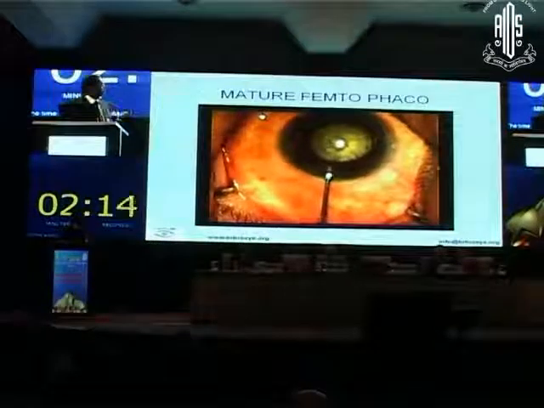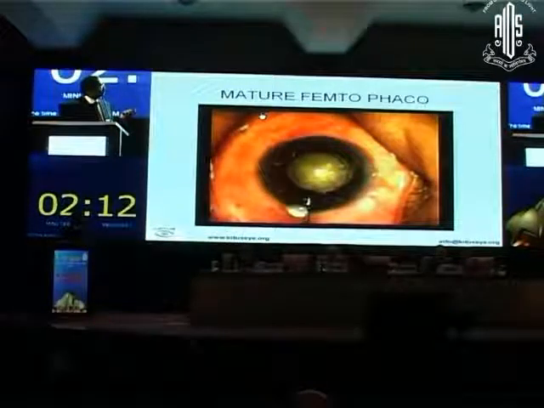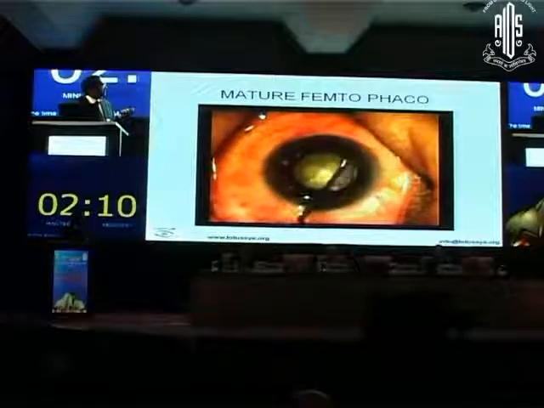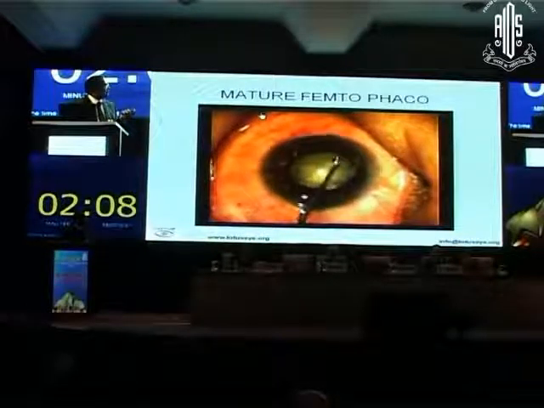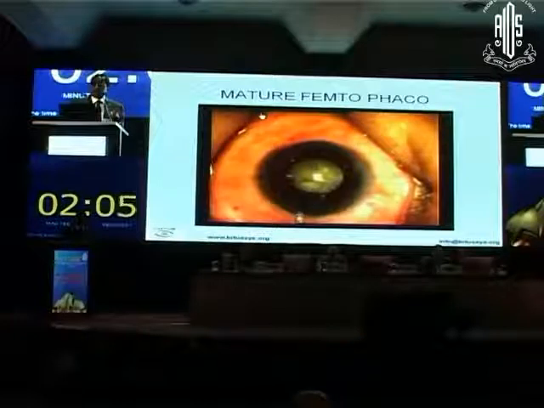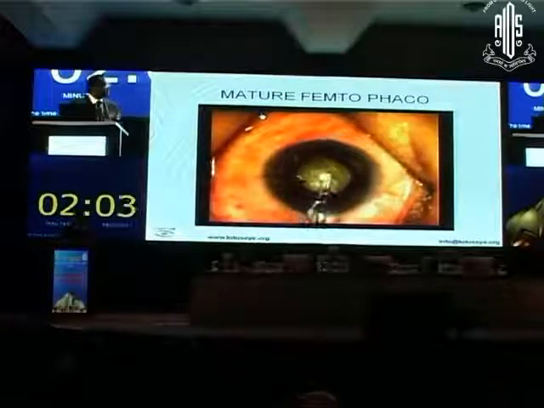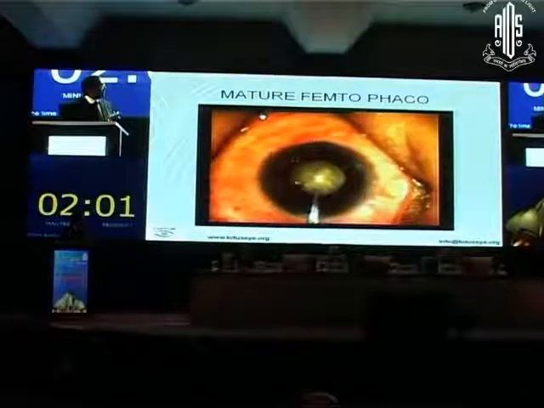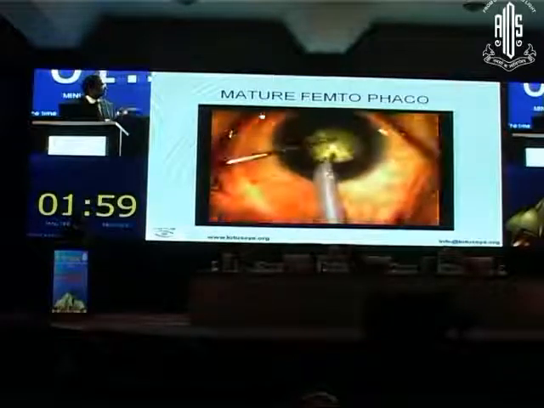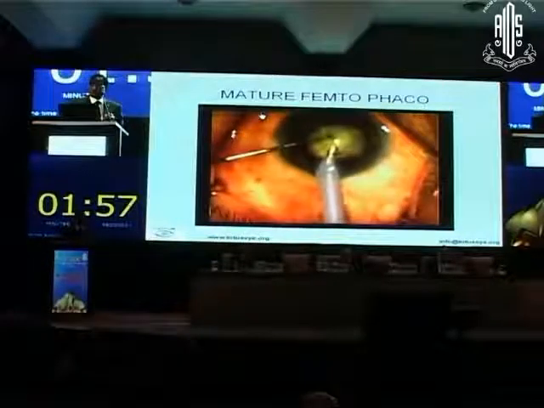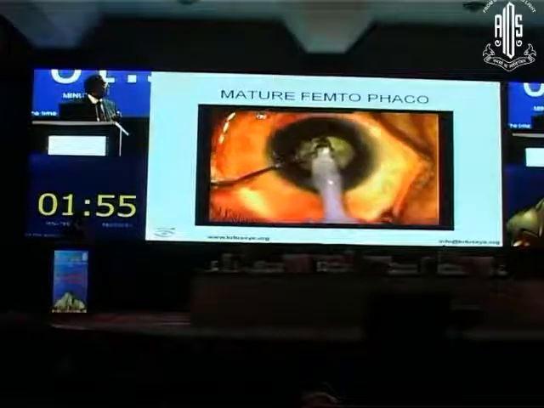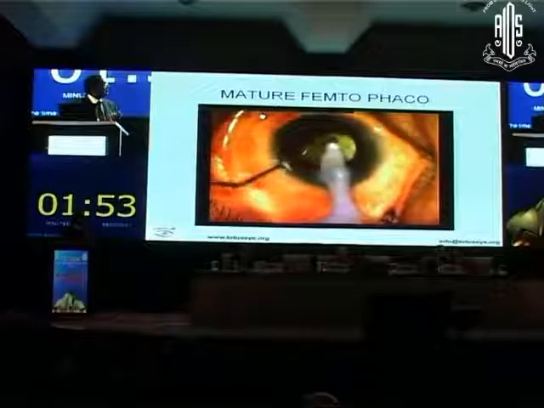Once you remove the capsule, you can see that I'm literally doing a phaco in this case. So when you have a very hard cataract and the femtosecond cannot pass through, you may not have much benefit from the femtosecond as of today. So I'm just chopping and then dividing that.